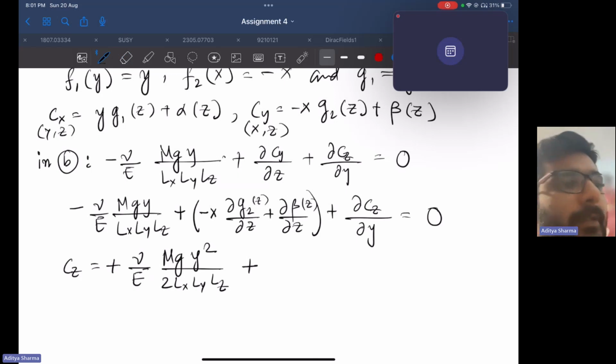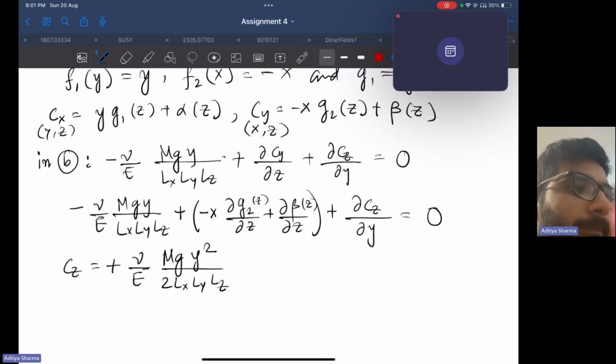Then only if we differentiate, we will get this to be 0. And Cz can only be a function of y and x.